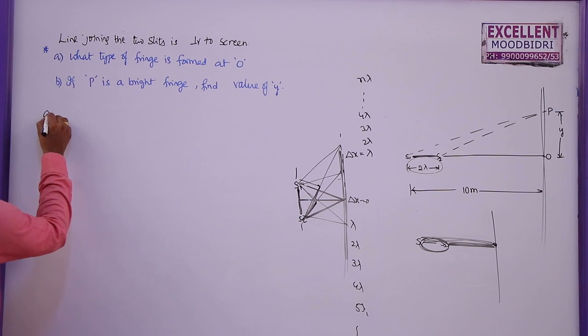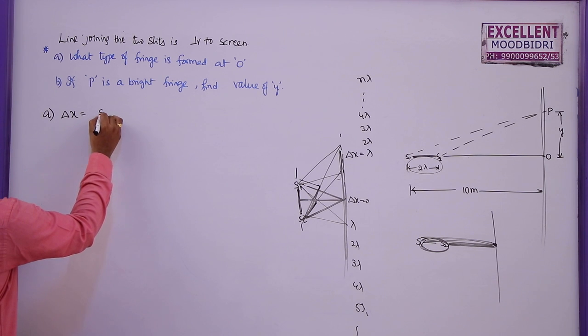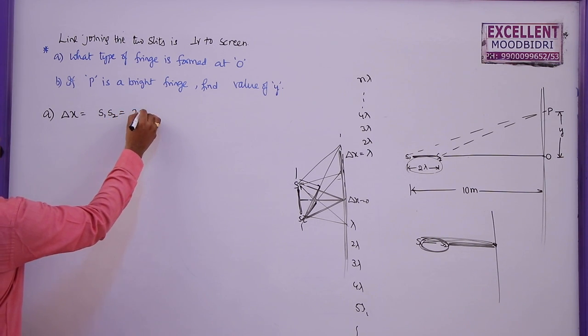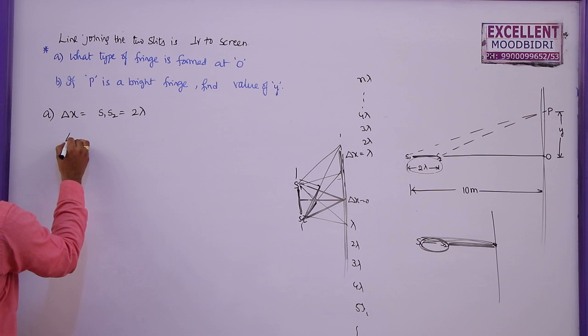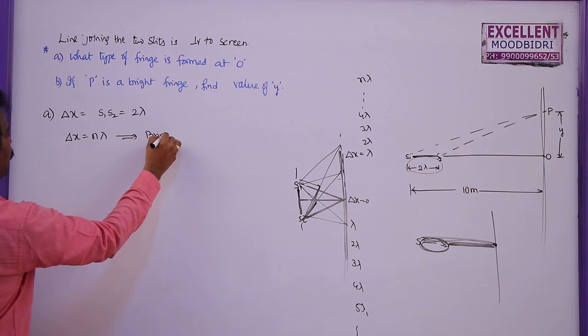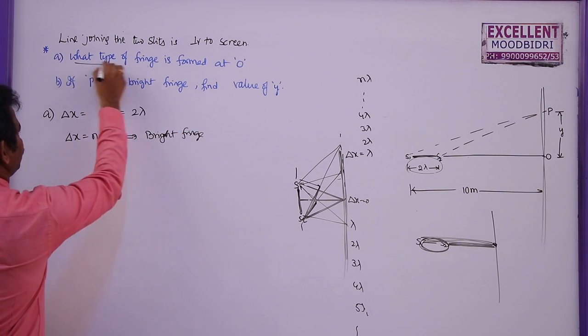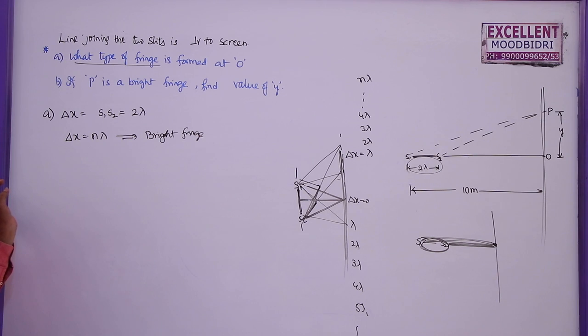We know that the path difference is S1 S2, which is equal to 2 lambda. If path difference is equal to n lambda, we will get a bright fringe there. So the fringe formed at O is a bright fringe.